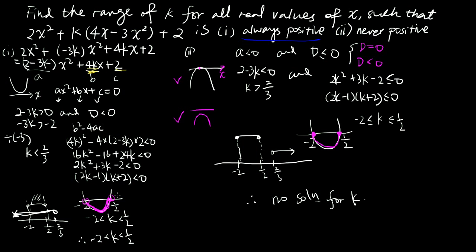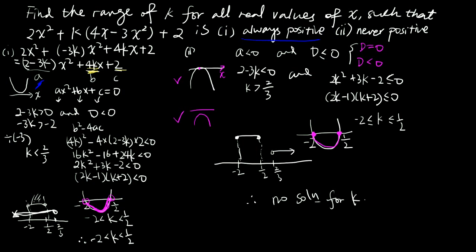And then we'll solve this inequality. We can use the graph approach, and we'll have the answer -2 less than k less than half. Don't forget the other condition is a must be a positive value such that this entire graph is above the x-axis. So we'll solve the other inequality and get the answer k less than 2/3.